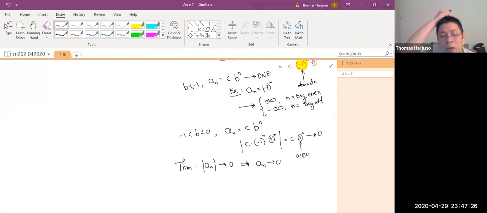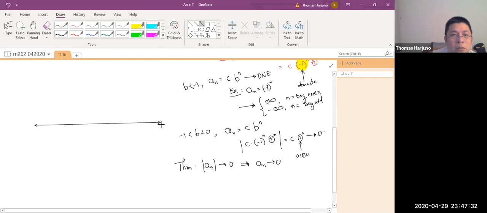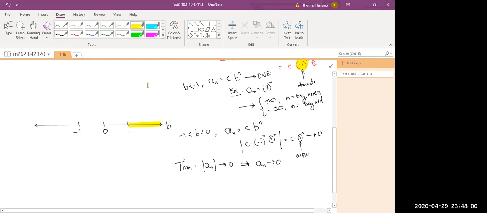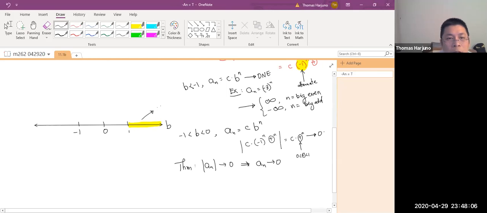Let me see. Do I cover all the cases already? This is for the base b. I have 0, I have 1, I have -1. So if the base is greater than 1, will that be convergent or divergent? Divergent to what? It will be divergent to infinity.